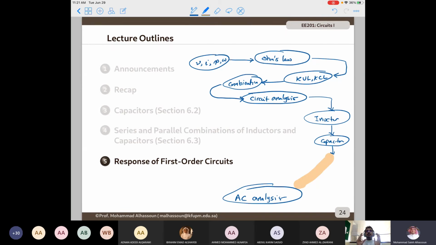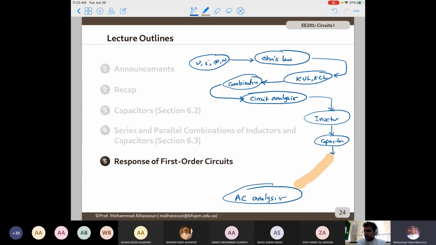So what happens if we just connect the battery? The original assumption that we use is that you connect the source at time zero, and you immediately have constant voltage or constant current, depending on the type of the source. But in reality, this is not the case.